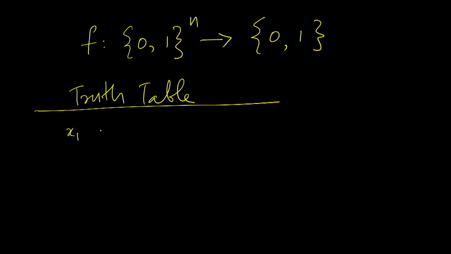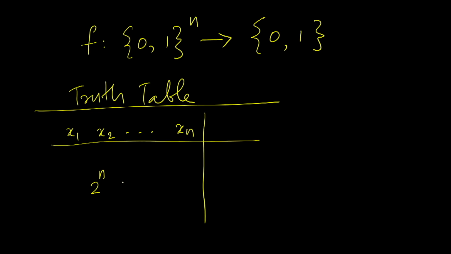So here there are n inputs. We have one column for each of the inputs. Each of the inputs can take on any of the truth values. So there are 2 power n rows in this table, corresponding to the various assignments of the truth values.